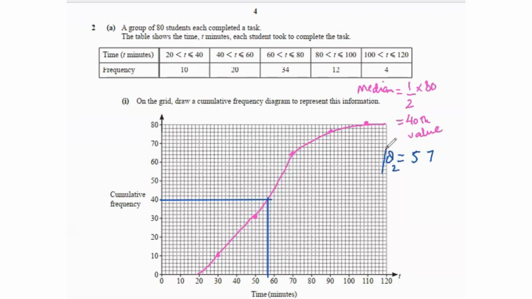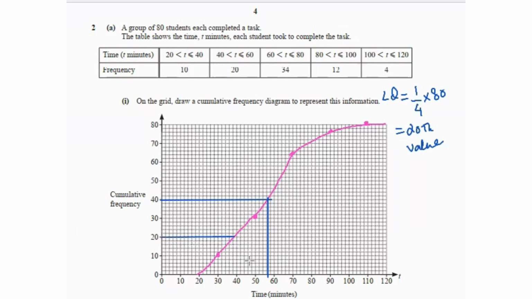That is your Q2. Then to find your interquartile range, we need to find the upper quartile and lower quartile. So for the lower quartile, we will do 1/4 of 80, which is the 20th value. So let's go to 20. I'm getting 38. That is your Q1.